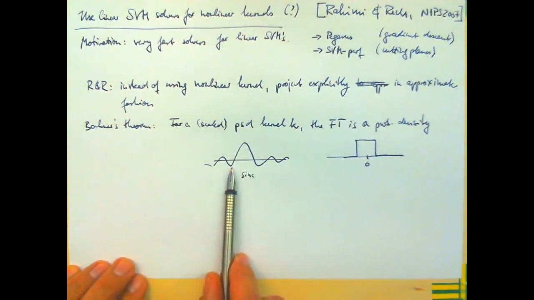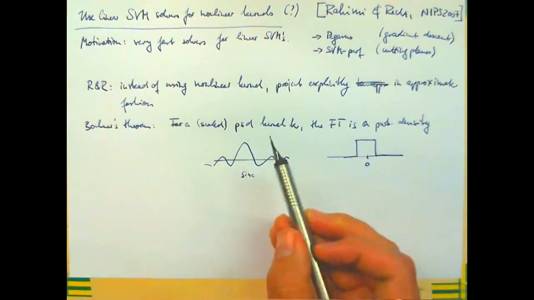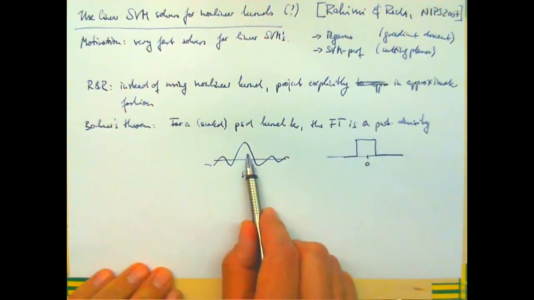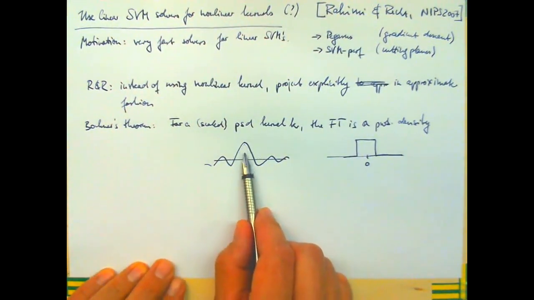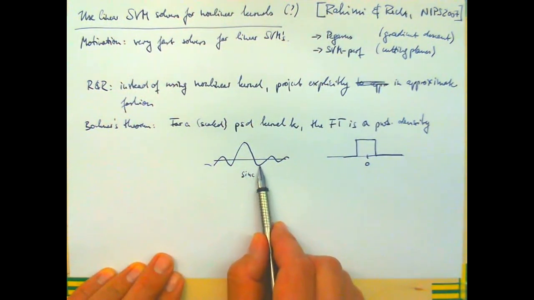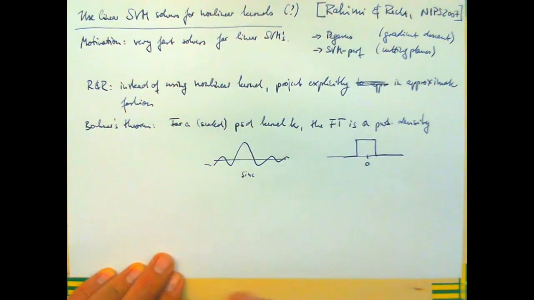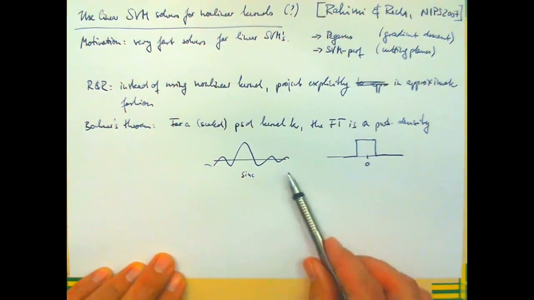It would perhaps not be one that's very intuitive for us. So it would tell you that for two samples that are very close nearby, you get a high similarity. And as you increase the distance, the similarity drops. And then they become dissimilar, and then they become similar again, and so on. So these oscillations are hard to explain, but it's a valid kernel in the sense of being positive semi-definite.